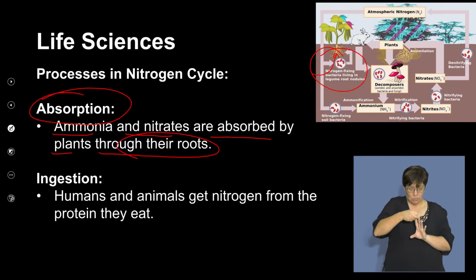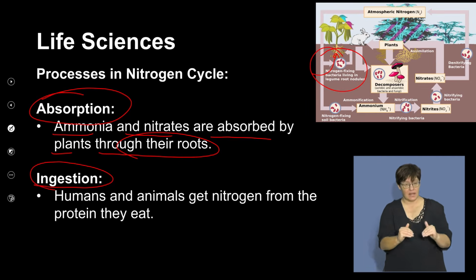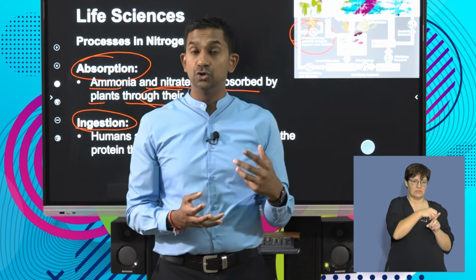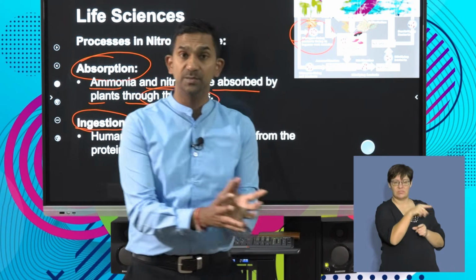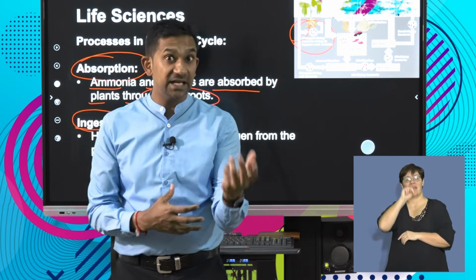We know that that's an important process of absorbing the nitrates and the ammonia. The next process is ingestion. Ingestion is basically the process of digestion where consumers such as animals, humans, and herbivores consume the plants, and in that process take in the proteins.